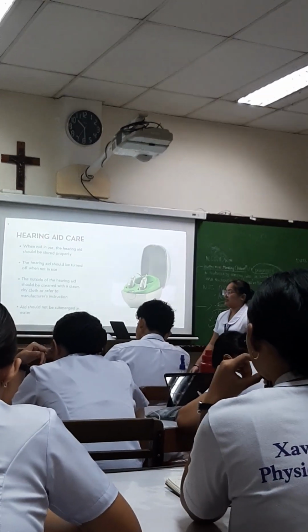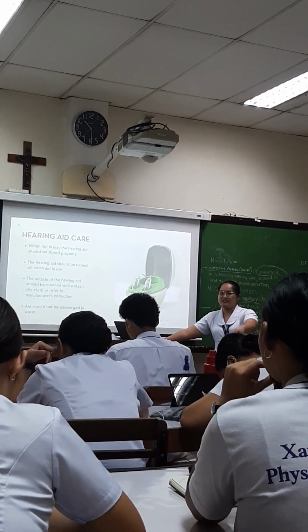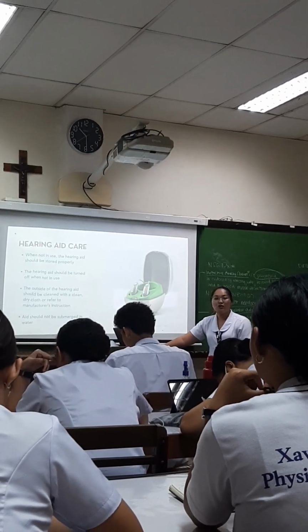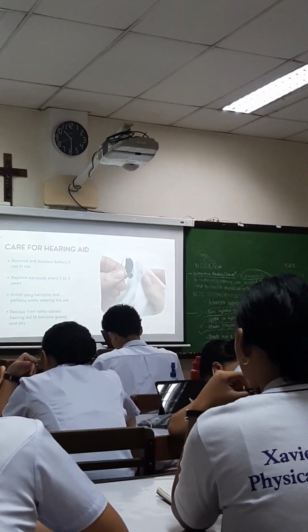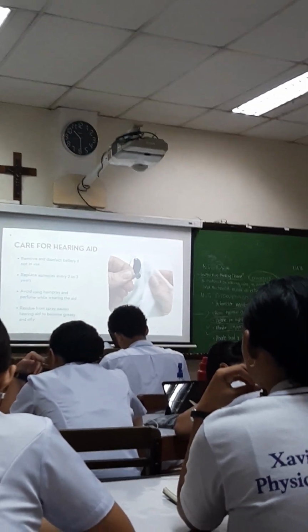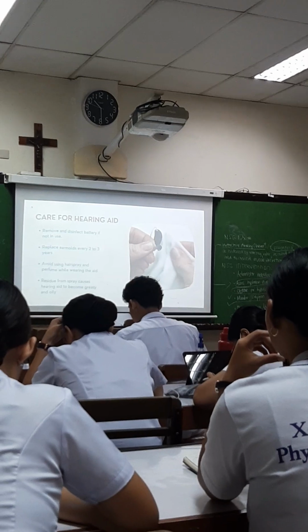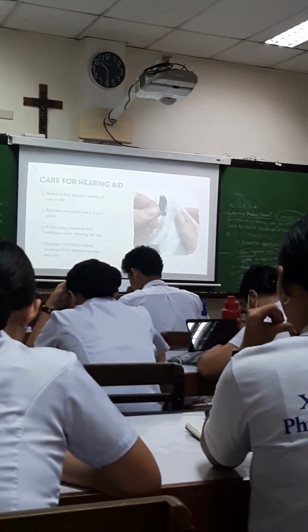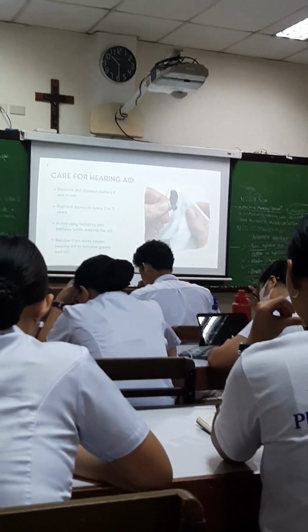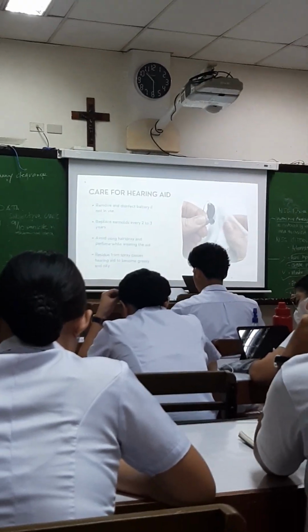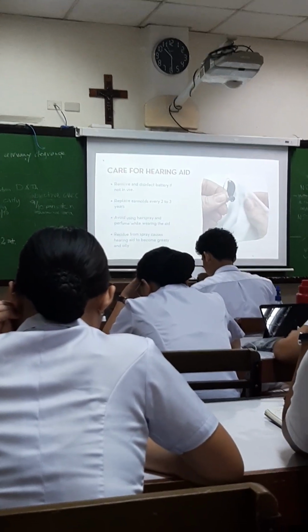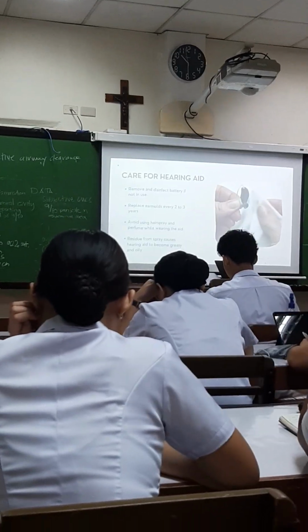The aid should not be submerged in water, so do not sink it in water. Remove and disinfect the battery if not in use. Replace ear molds every 2 to 3 years. Avoid using hairspray and perfume when wearing the aid because residue from the spray causes the hearing aid to become greasy and oily.